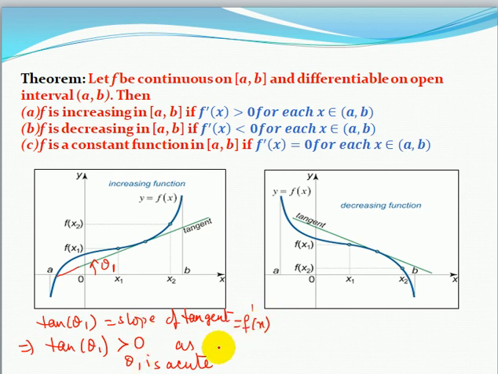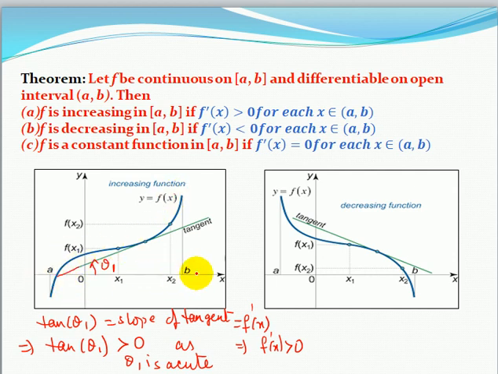So that means what we have shown? We have shown f dash x is greater than 0. So if you see that in a particular interval the derivative of the function is coming strictly greater than 0, you can say the function is increasing. Look at this curve. Within this interval a to b, the function is increasing.